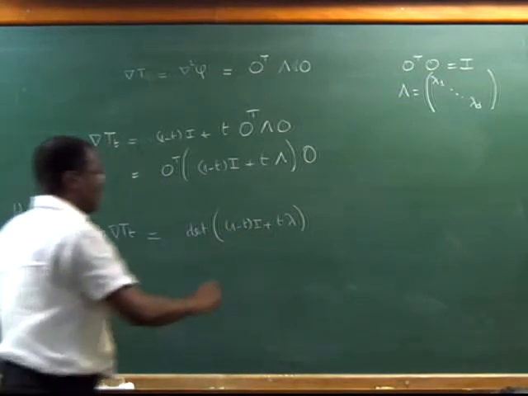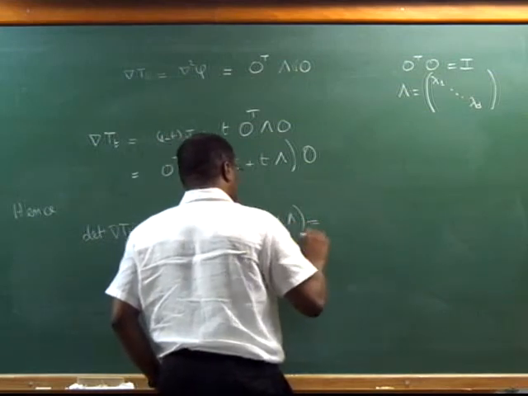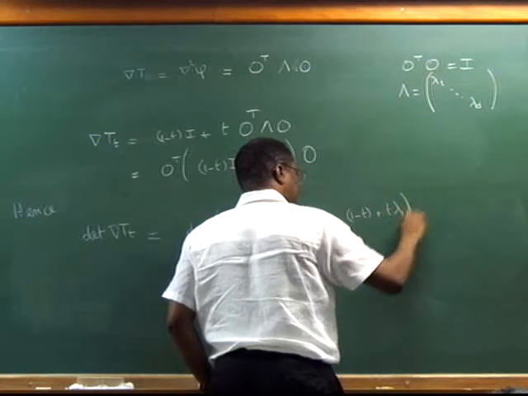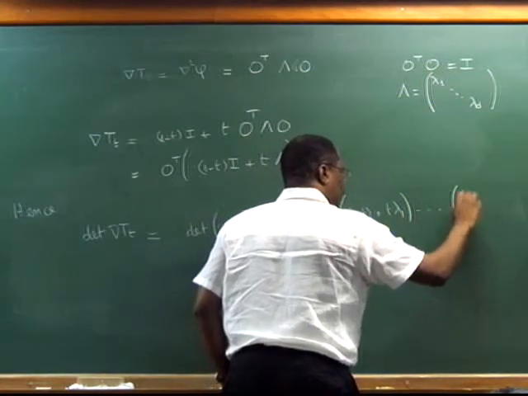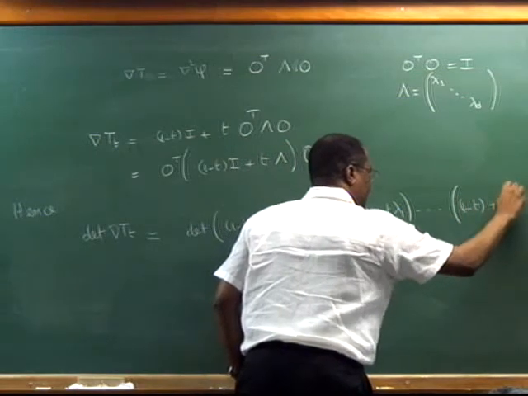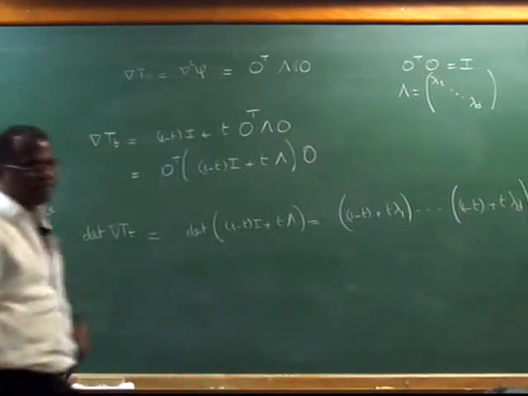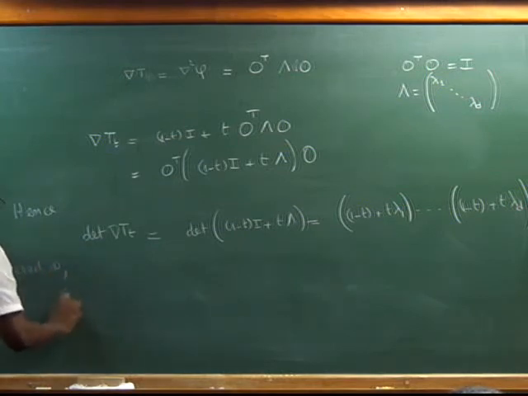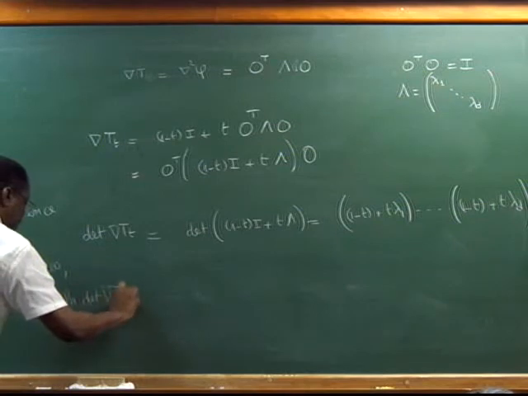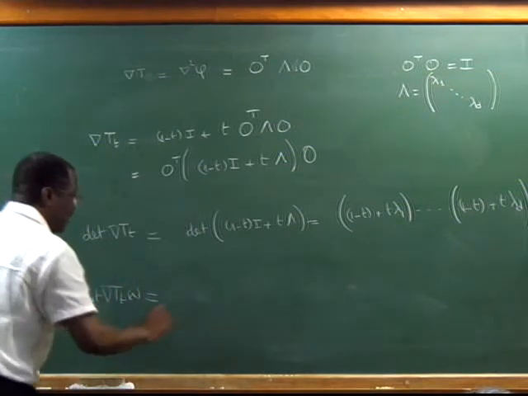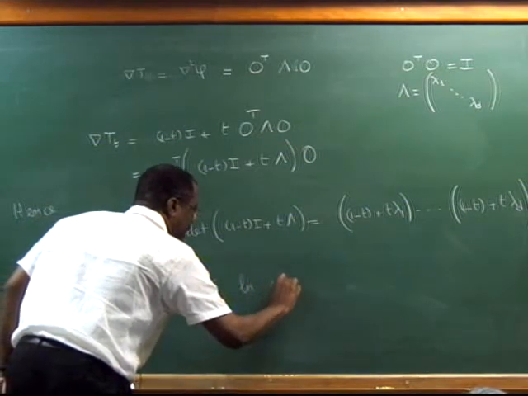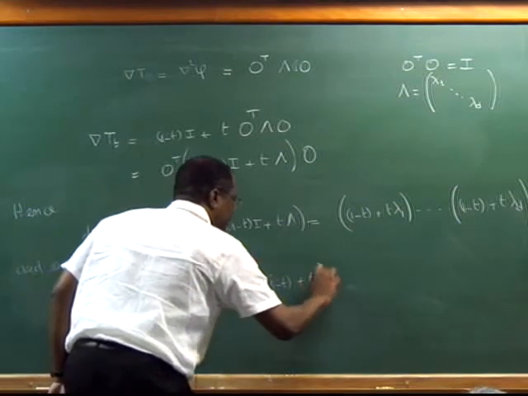And I can write what this is: the product of (1 minus t plus t lambda 1) up to (1 minus t plus t lambda d). And if I apply the log to that, you can see what is going to happen. The log of the determinant of the gradient of T_t of x is the sum, i from 1 to d, of log of (1 minus t plus t lambda i).